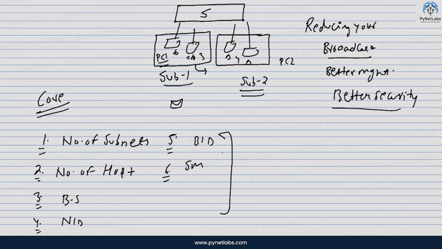First, the requirement. Suppose we have a company named ABC following the network 192.168.1.0/24. First, try to understand this value 24. 24 means all bits are up in the network.